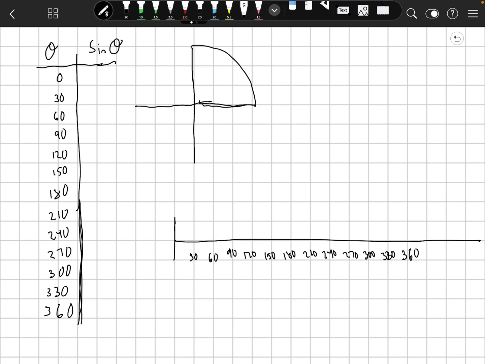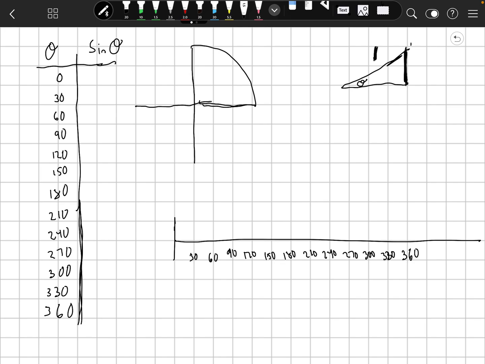I've got a t-chart here. My input is an angle, and then my output is the sine ratio for that angle. And remember, sine is always just opposite over hypotenuse. So our angle is going to be from the origin, and it's a unit circle, so the hypotenuse is 1.